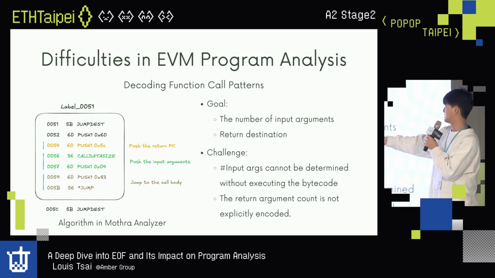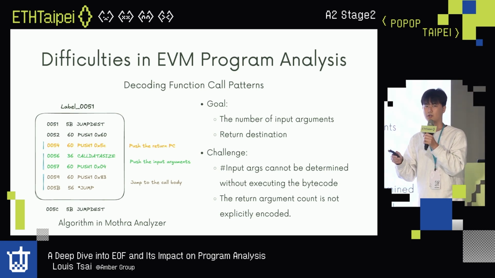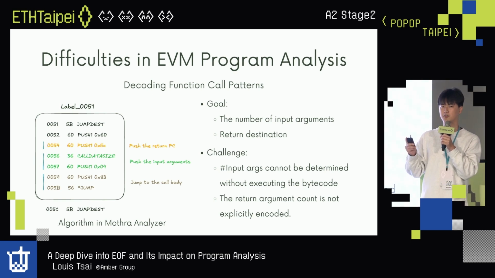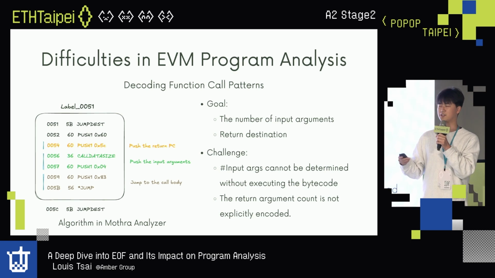So by analyzing this green section here for the state change, we could derive the input argument numbers. However, how could we decode the output argument numbers? To be honest, we do not know the answer.